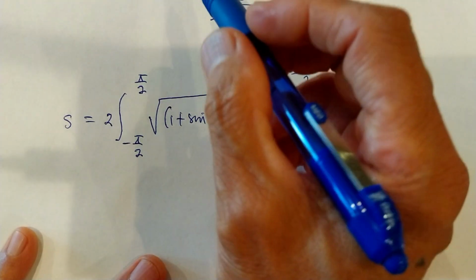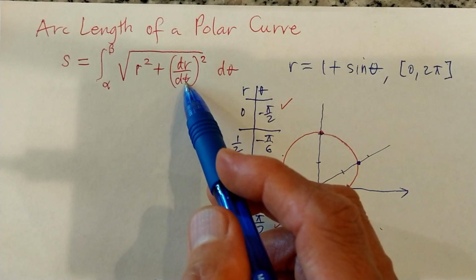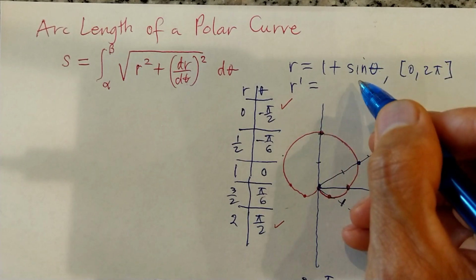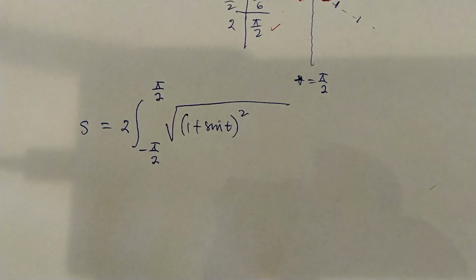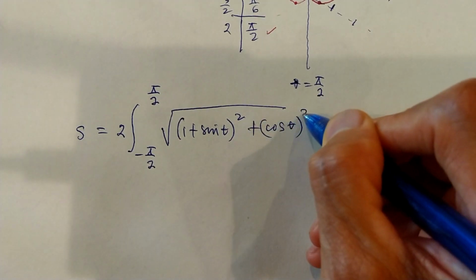And then our formula requires that we get the derivative of r with respect to theta. So r prime is cosine theta, so plus cosine theta squared d theta.